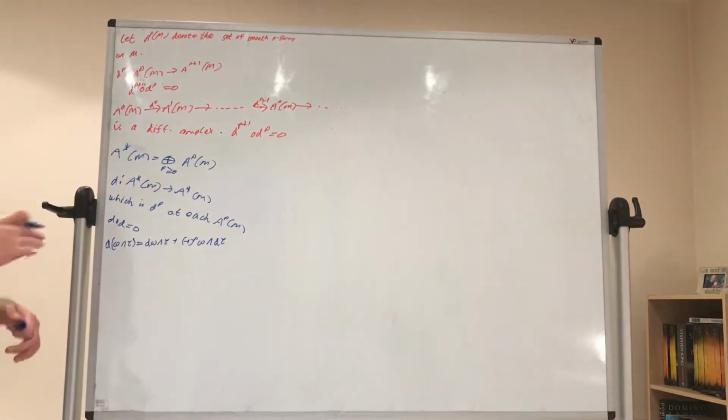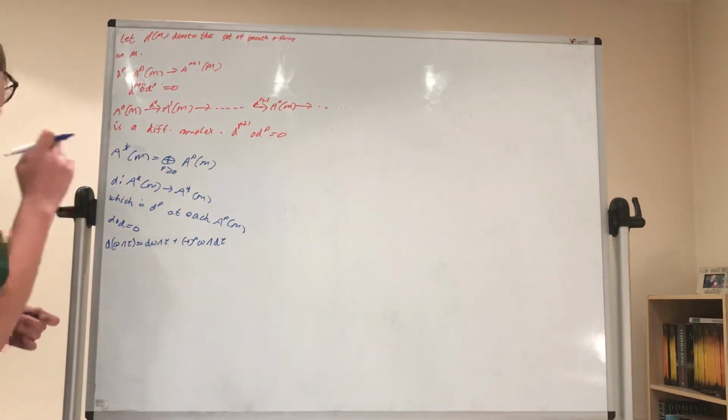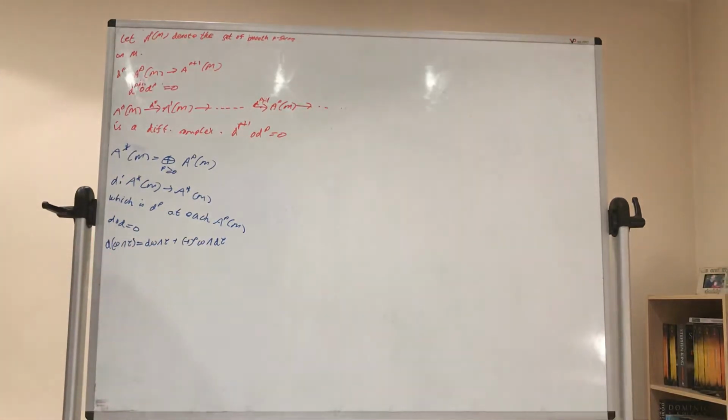Now, what more do we have? We have to define what it means for a form to be exact, and closed.